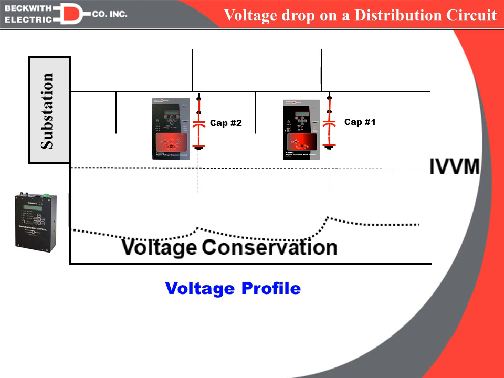But nowadays, many utilities want to go slightly leading at the distribution bus level, because the transmission and distribution transformer will have a reactive impedance. And if I'm 0.99, 0.98 lead at the substation and I'm pushing a few VARs back in, those VARs will cancel out the impedance of the transformers, and I will be VAR neutral to the transmission system.